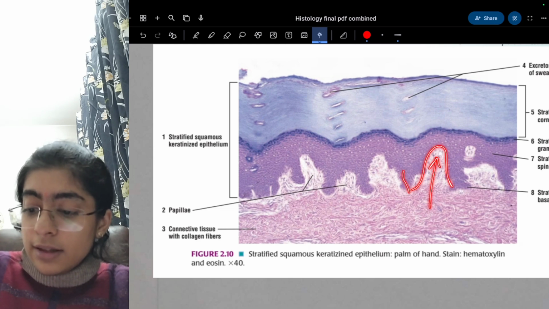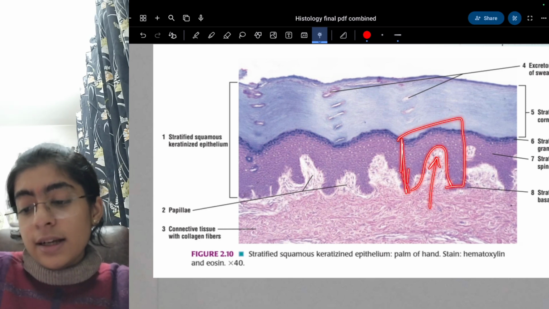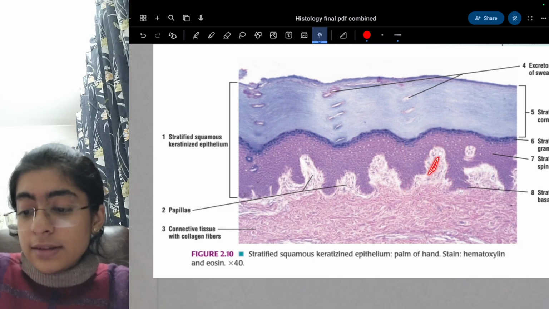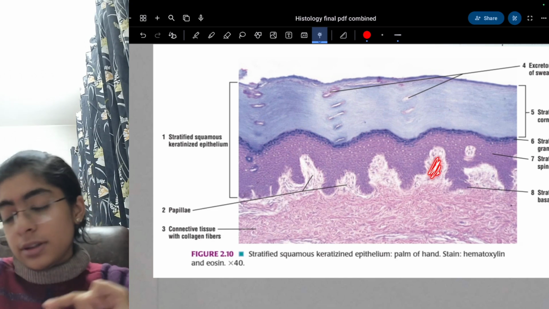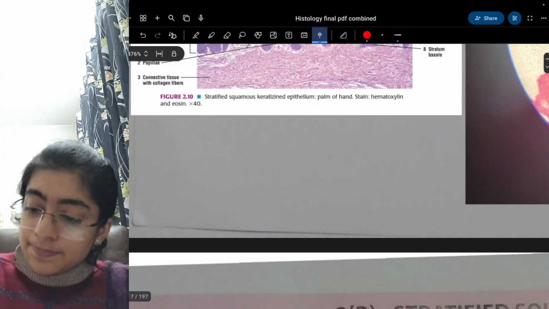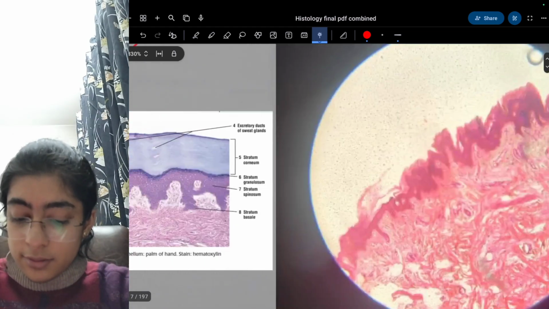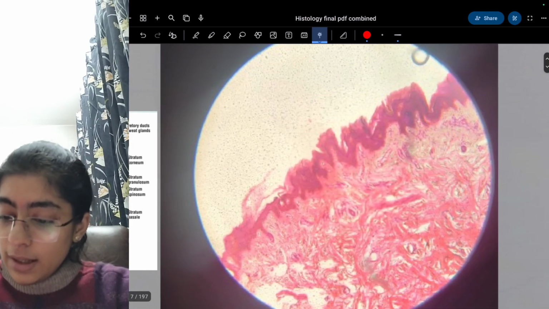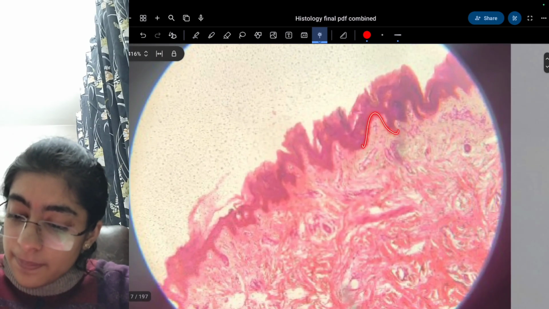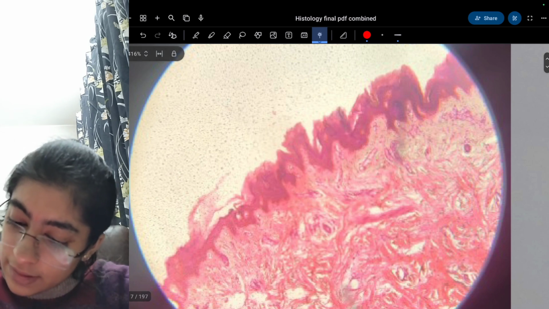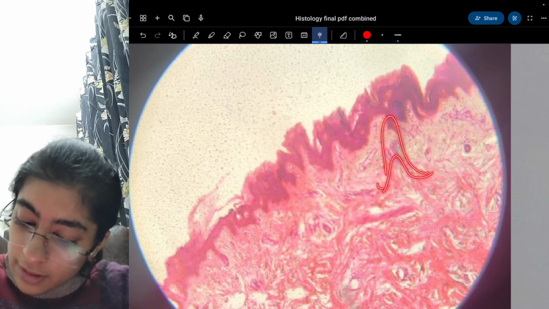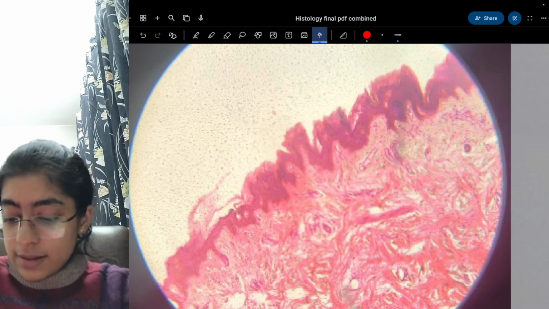Here it is the epithelium, and this part is connective tissue, not epithelium. Here also you can see the keratinized part, the stratum corneum, and these are the papillae. I can also see the blood vessels here.